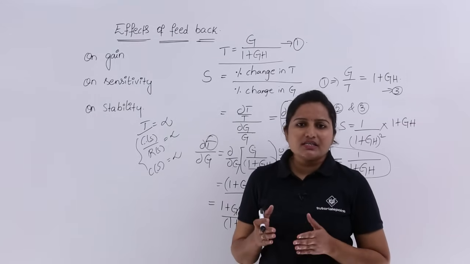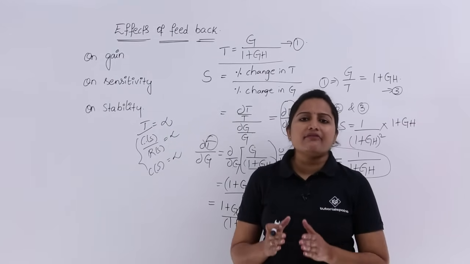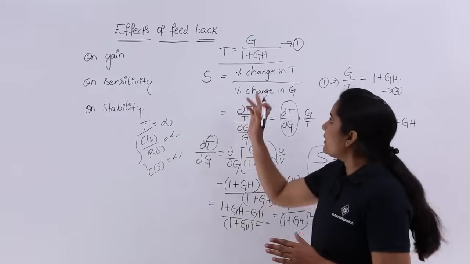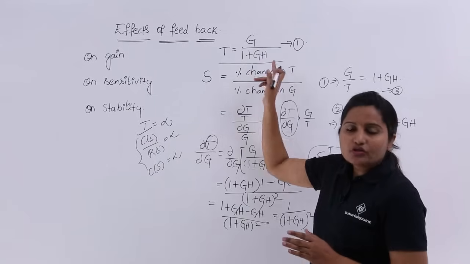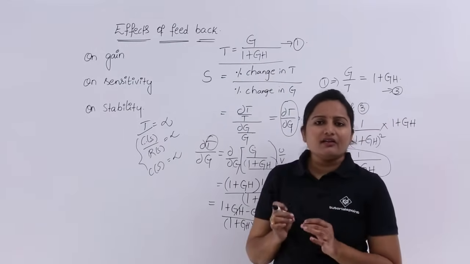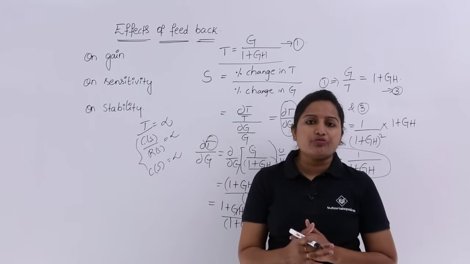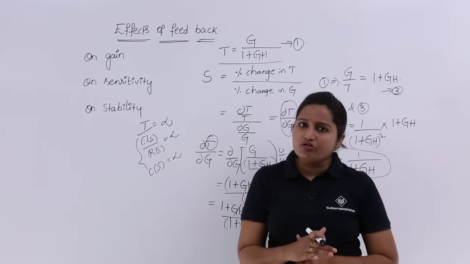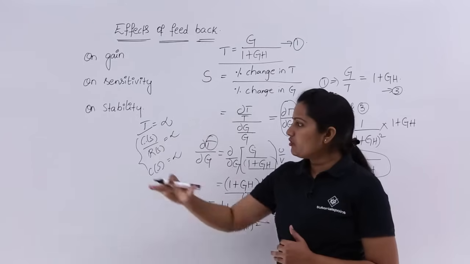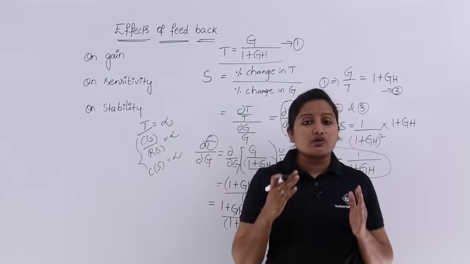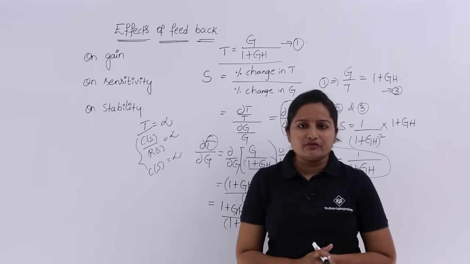Your system is stable whenever your output is under full control. Output is controlled by this feedback. Whenever you are choosing better feedback, then only your system has control on output. Whenever you have control on output, then only you can say that it is a more stable system. So, all these factors are going to be affected by the feedback of the system.